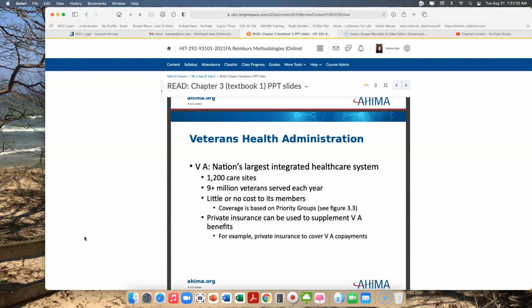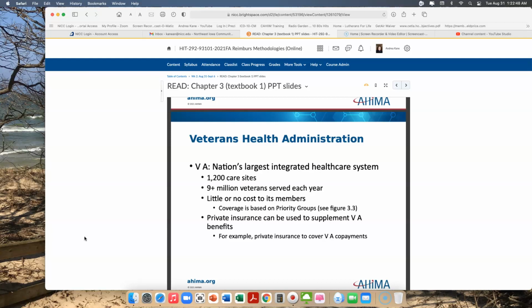That would be page 45, top of page 45. Anyway, private insurance can be used to supplement VA benefits. So many veterans do choose to have supplemental private insurance.